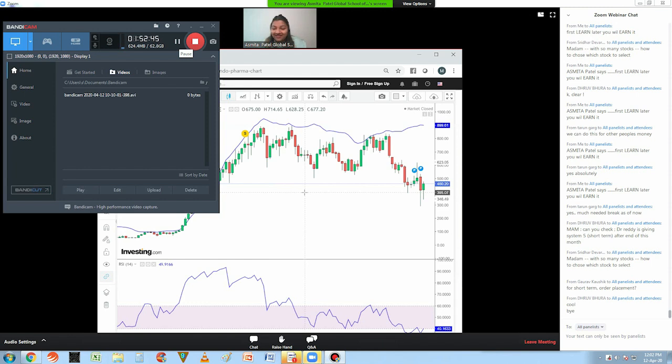Settings, format. Here, the input will remain 14 only. Yes, Vanendra, the input will remain 14. Nothing needs to change there. It will be calculated on the 14 closing prices. In style, remove this background and make this 60, 40. If you wish to change the color, you can change it from here and increase the thickness from here.